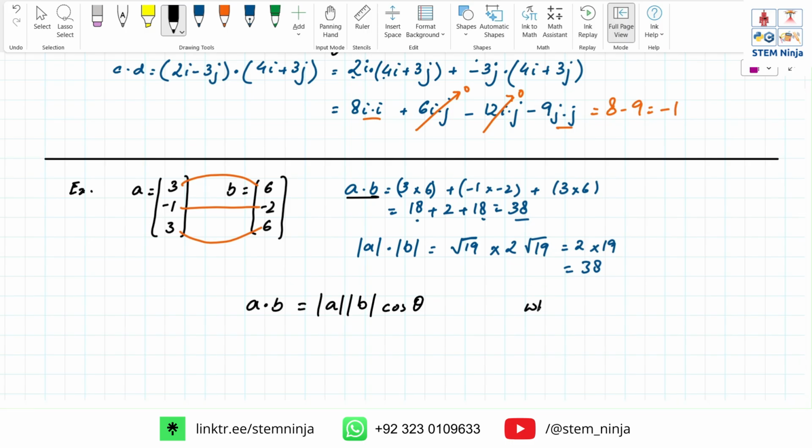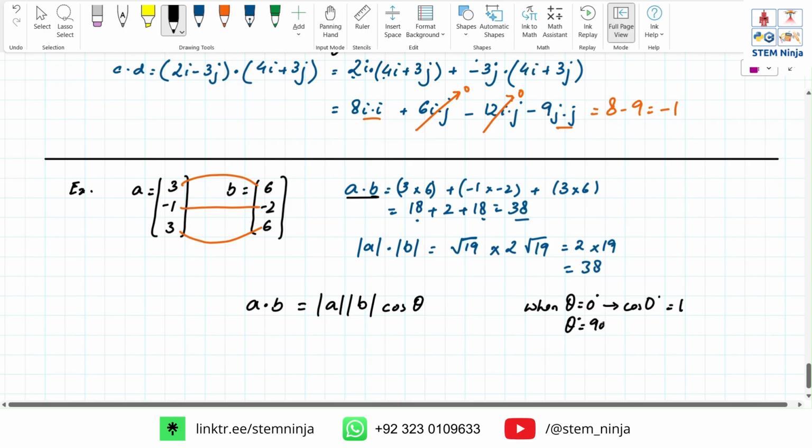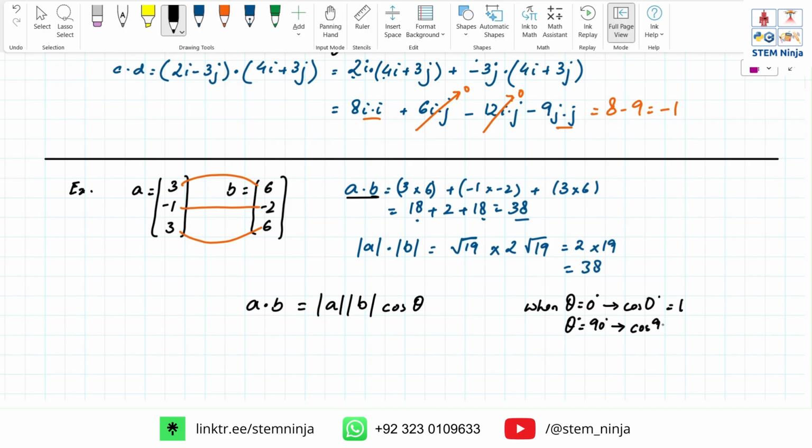So when theta is 0, cos of 0 degrees is 1. And when theta is equal to 90 degrees, cos of 90 is 0. So this can be used to find the angle between two vectors also.